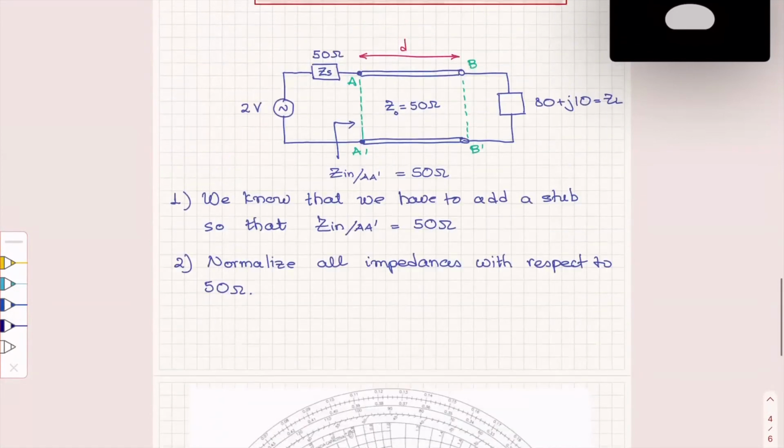So what happens? We have ZL practically. So normalized ZL becomes 1.6 plus j0.2.